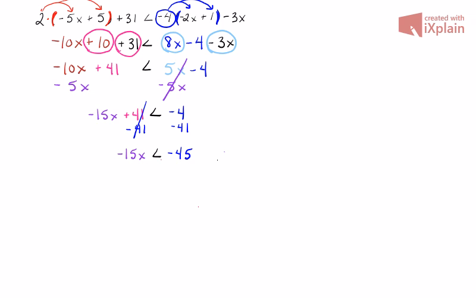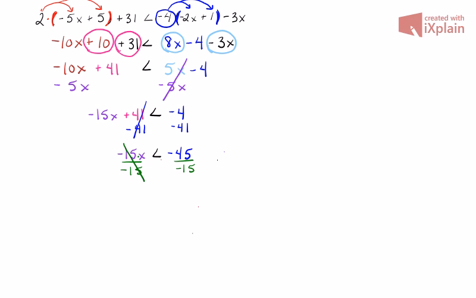So continuing to talk about this idea, I have a negative 15 times x. That's essentially what that's saying whenever you have a number and a variable written right next to each other with nothing in between. So in order to undo that multiplication, I'm going to divide both sides by negative 15.